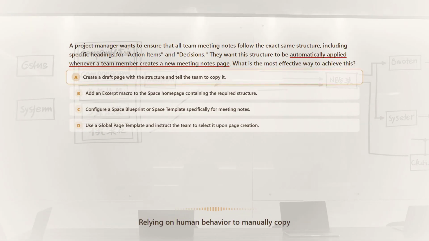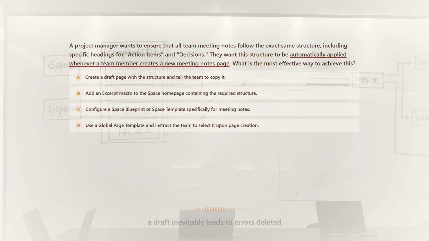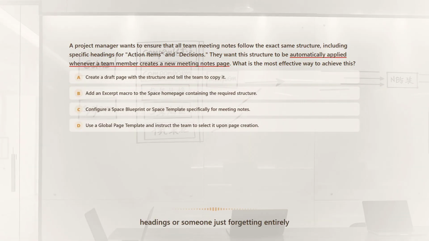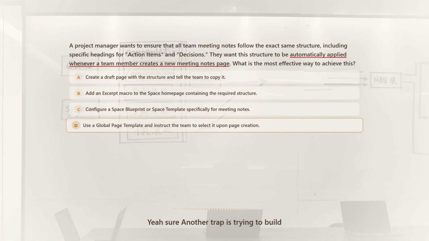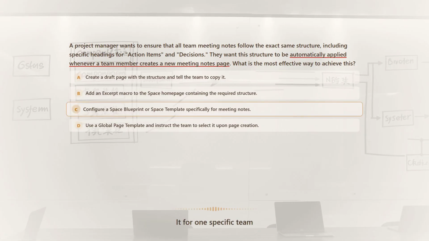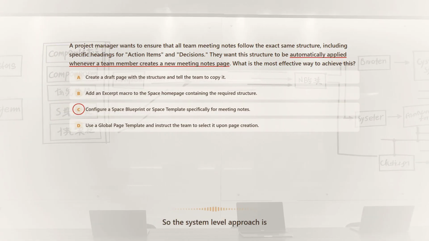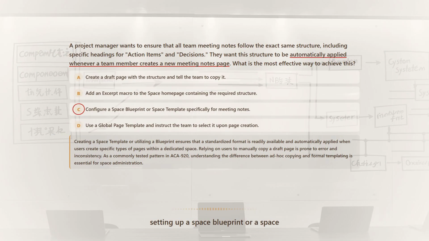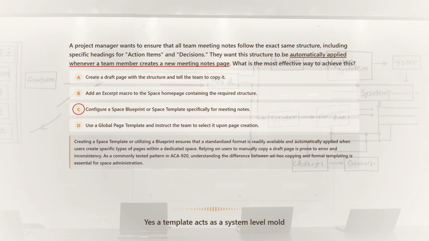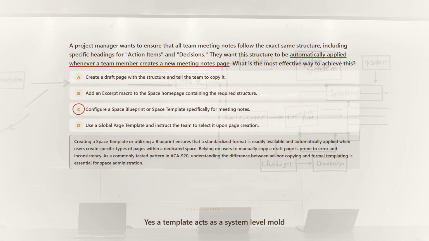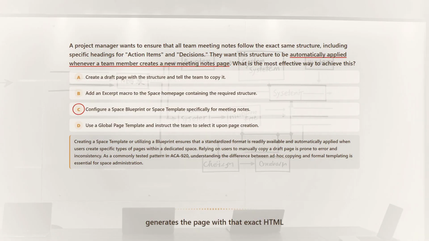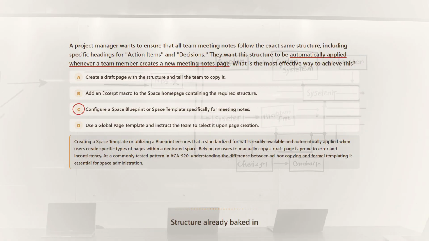Relying on human behavior to manually copy a draft inevitably leads to errors, deleted headings, or someone just forgetting entirely. Another trap is trying to build a complex global template when you only need it for one specific team. So the system-level approach is setting up a space blueprint or a space template just for that team's meeting notes. Yes. A template acts as a system-level mold. When you hit Create, the backend generates the page with that exact HTML structure already baked in.